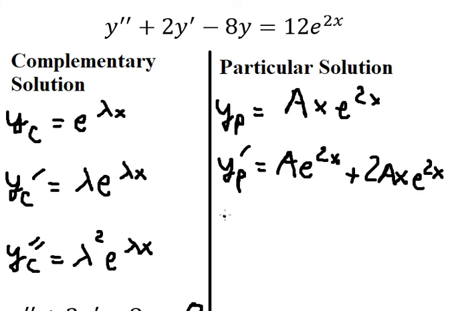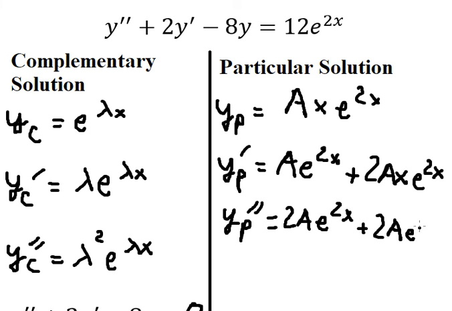Next, we do the second derivative of this one: 2a e to the power of 2s plus 2a e to the power of 2s plus 4a s e to the power of 2s.